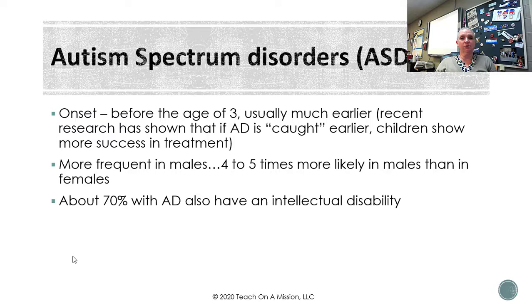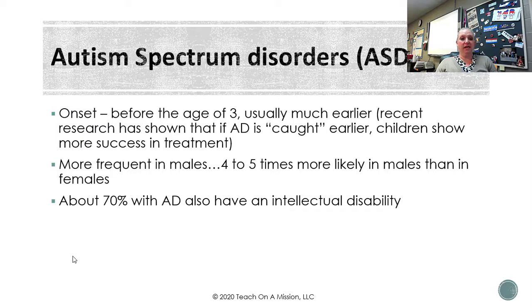For autism spectrum disorders, onset usually occurs before the age of 3, usually much earlier than that.